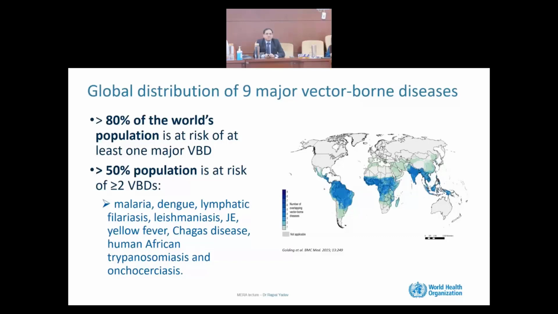These are major diseases. Previously we also had schistosomiasis, but it is no longer there. Other diseases, like Chagas disease, are found in the American region. HAT and onchocerciasis are mainly African diseases.